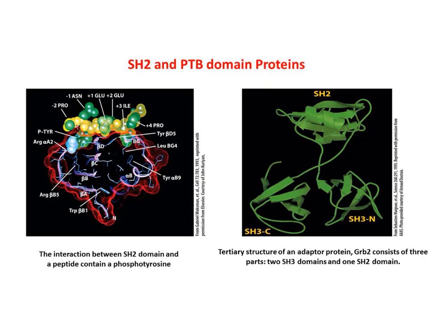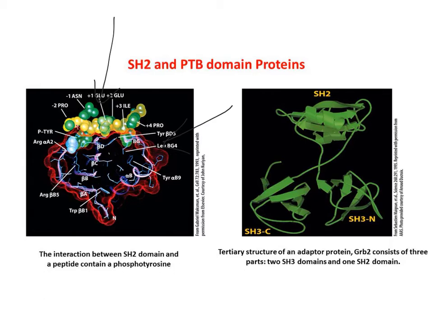Now here's an example of an SH2 domain shown in red binding to a specific peptide that happens to have a phosphorylated tyrosine residue. So you can look at the interface between this SH2 domain and this peptide, which is shown in yellow and green.